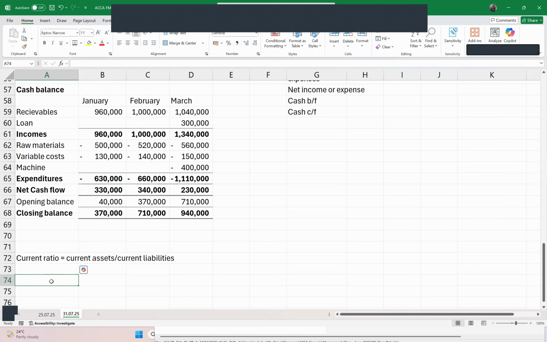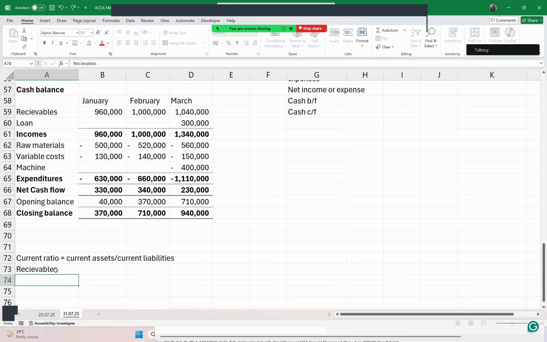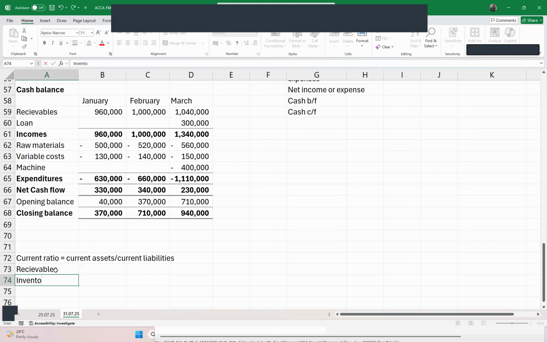Now this has some connotation to it, because by the end of March, what are the receivables? What's the inventory? And what's the payables? Because this is at the end of month.